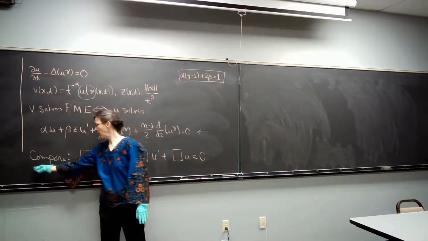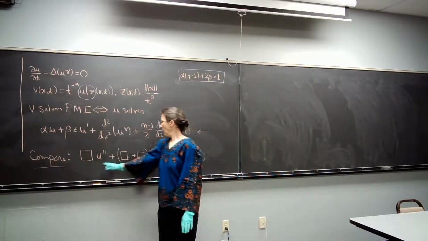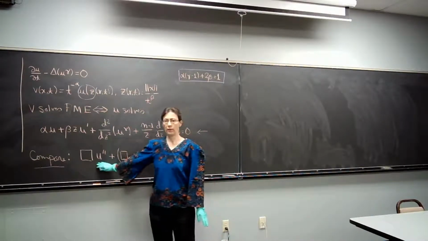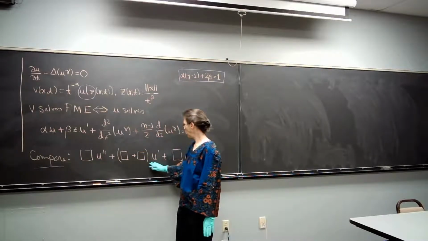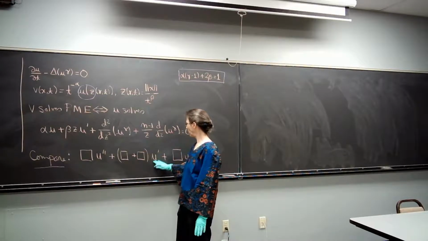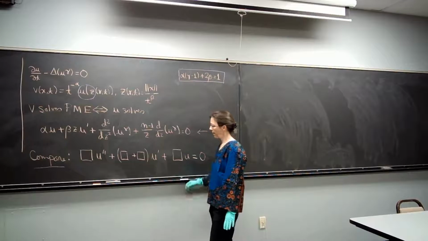When I say compare here, I'm reminding you what happened with the heat equation. You had something like this: a coefficient times the second derivative of u, then a coefficient of the first derivative of u, and then something times u itself.